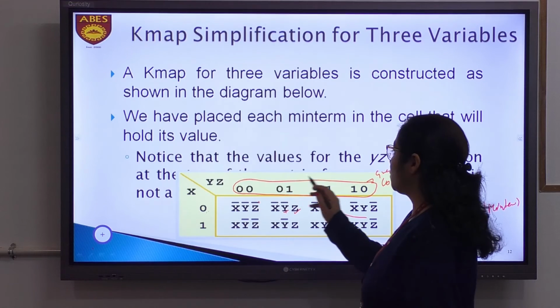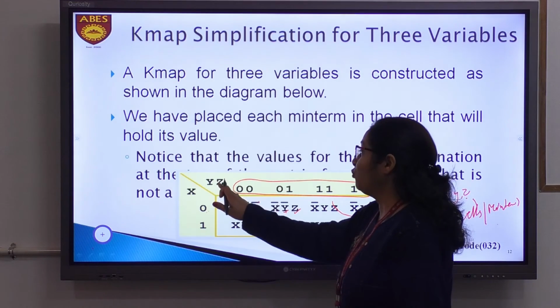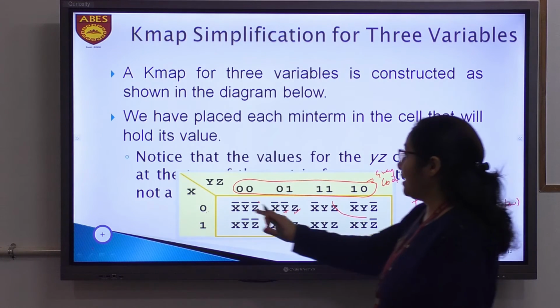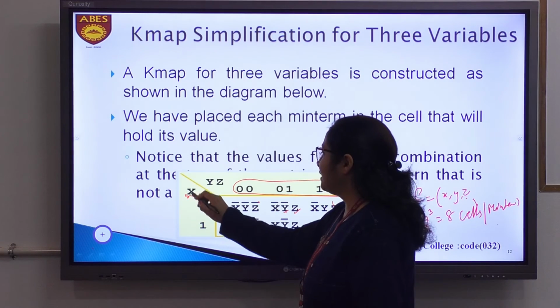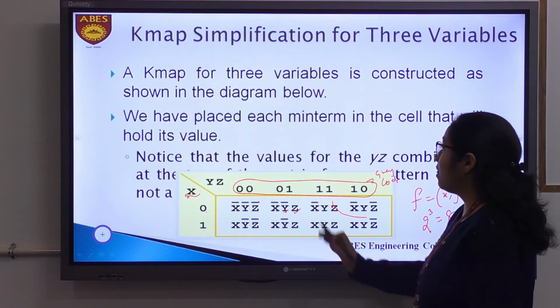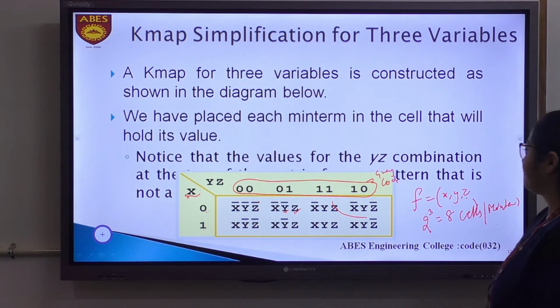0 0, 0 1, 1 1 and 1 0, right? Here we have 2 variables, so the possible combinations will be these 4. Here x is a single variable that can have only either 0 or 1 value. So this is how a K-map is created for 3 variables.